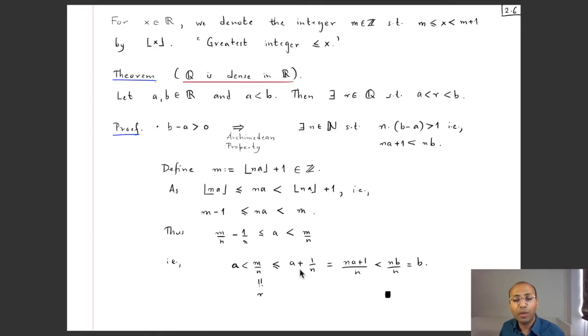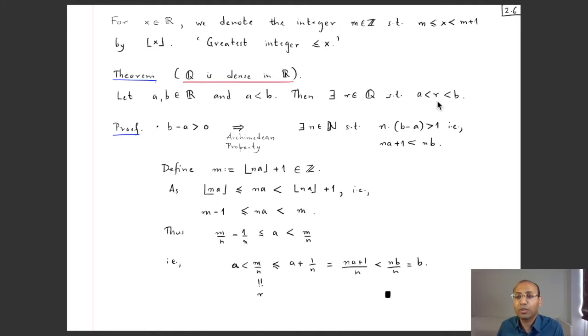And if we do some algebra, this is na plus 1 by n. But na plus 1 is strictly less than nb, and if I divide both sides by n, you get that na plus 1 by n is less than nb by n, which is equal to b. So you have also got that m by n, which is our r, is strictly less than b.